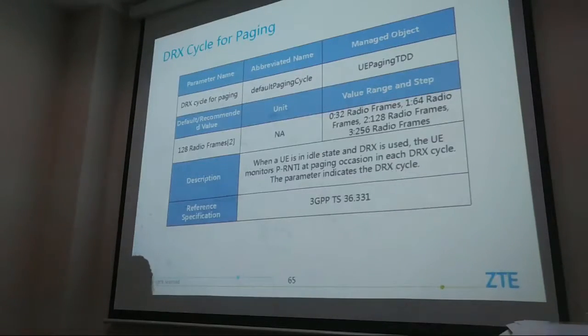For the inactivity timer of 3 seconds, if I have no service for 3 seconds, I will go to idle state. When I go to idle state, I will sleep, and after 6 seconds I will wake up to monitor the PDCCH. There is no relation. Even if the inactivity timer is 6 seconds and the DRX cycle is 3 seconds, it doesn't matter.